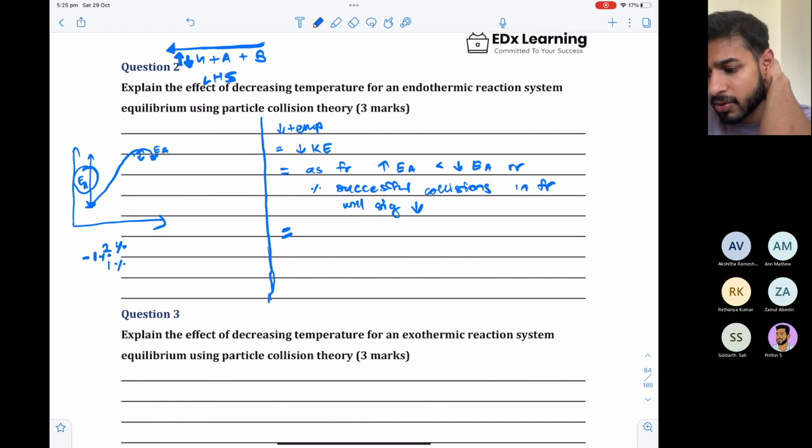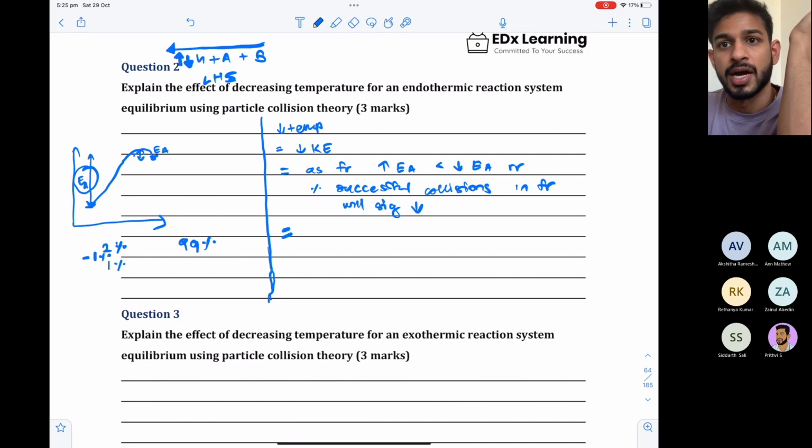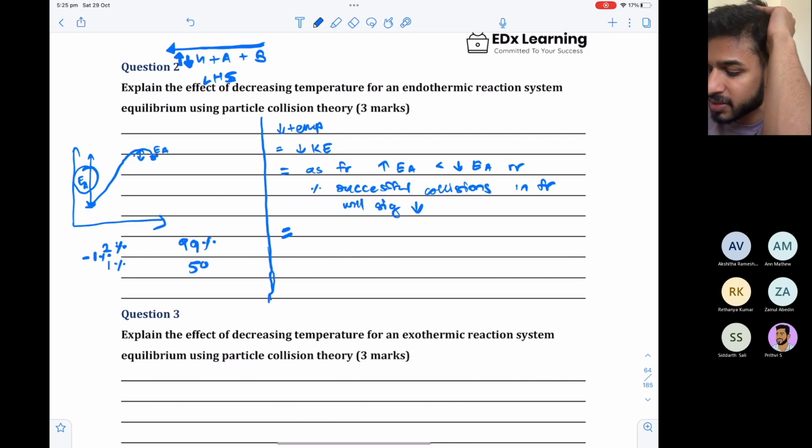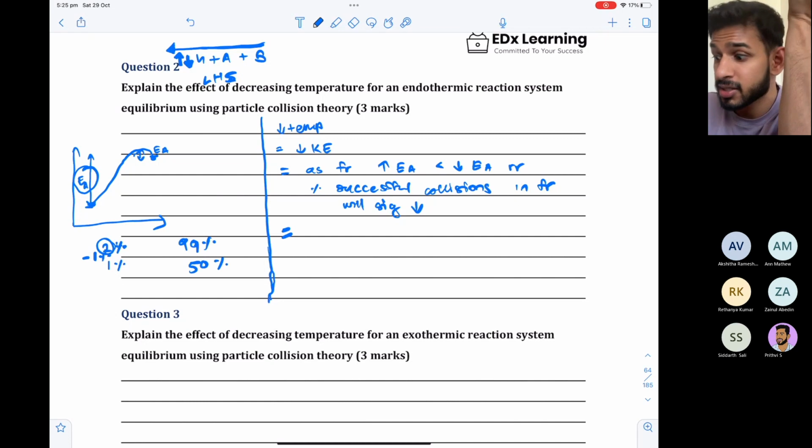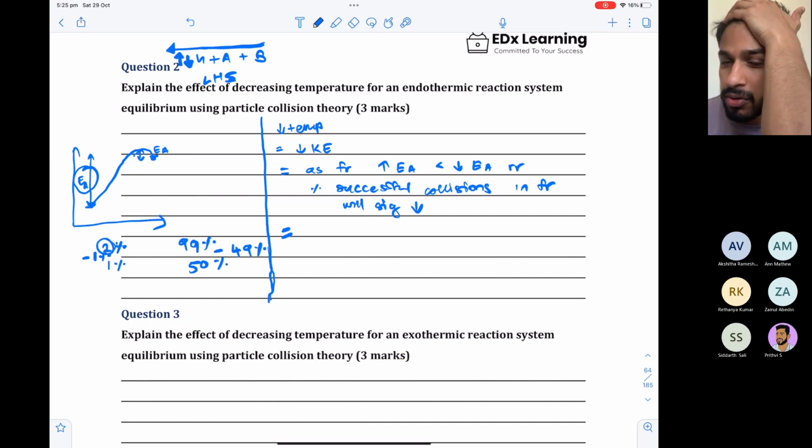For our reverse reaction, initially, let's say 99% of particles are successfully reacting. When I decrease the energy, it'll go from 99% to, let's say, 50%. 2% can't drop much lower than 2. 99% can drop a lot. That's a change of about 49%. So who's been affected more, the forward or reverse reaction rate?